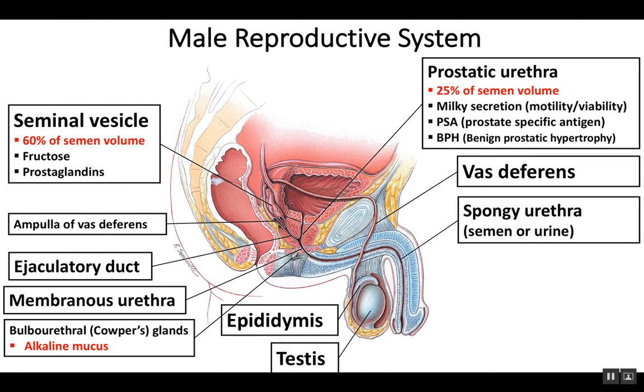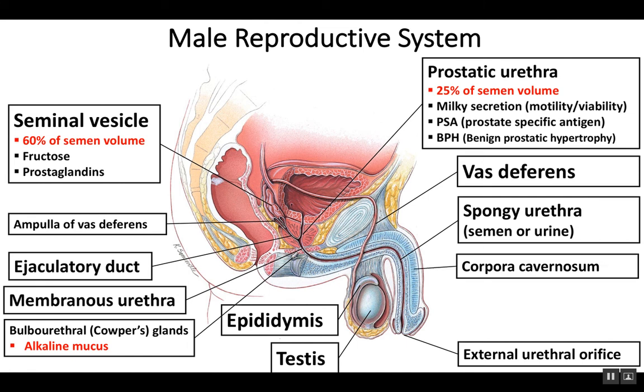The rest of the urethra is called the spongy urethra. That is the last part of the male urethra that extends down the length of the penis. We can see in this picture the urethra will end as the external urethral orifice. There are the erectile tissues found inside the penis, the corpora cavernosum and the corpus spongiosum.